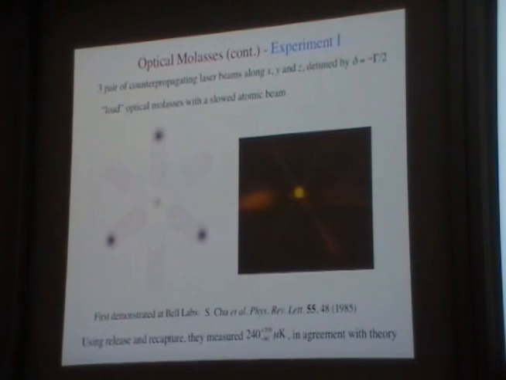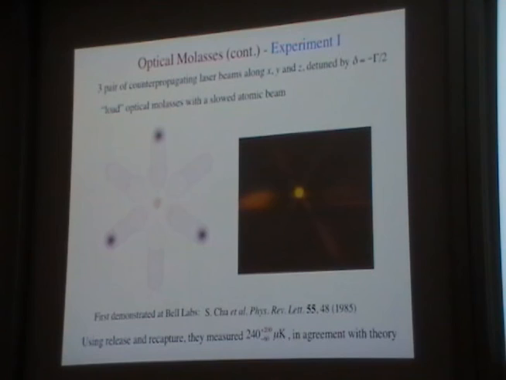But the first experiment to actually demonstrate this sort of Doppler cooling is something that was coined optical molasses by Steve Chu and collaborators at Bell Labs.